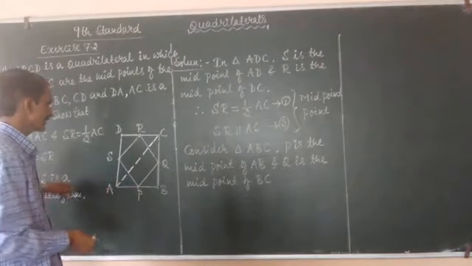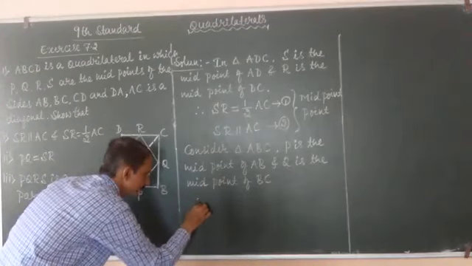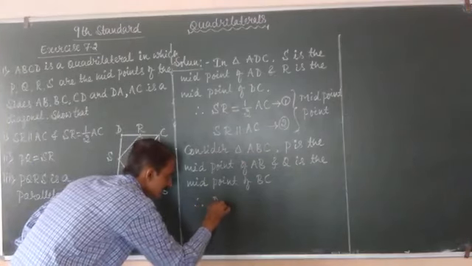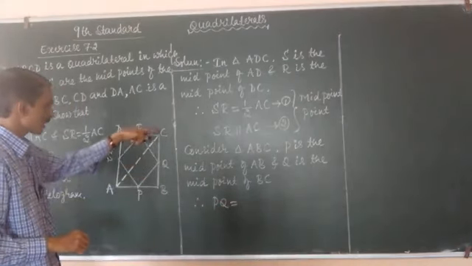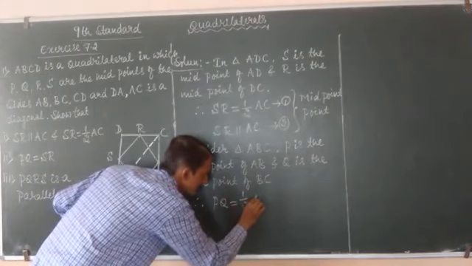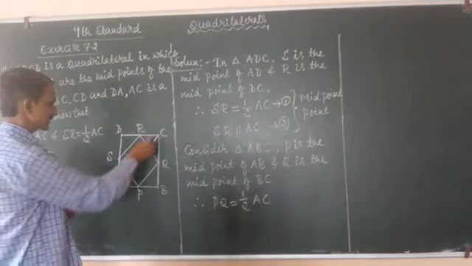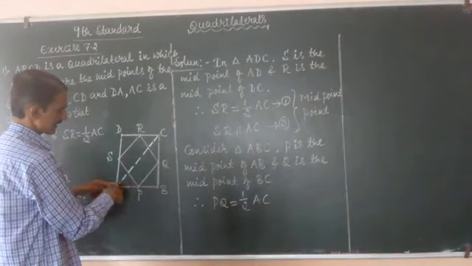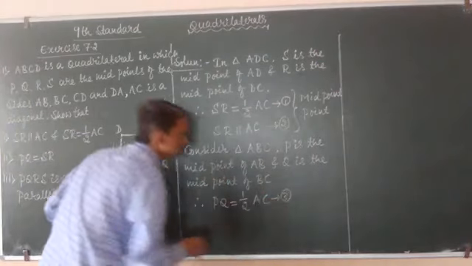Therefore, if we apply the midpoint theorem to this triangle, we can write PQ is equal to half of AC, because here AC is also the third side of triangle ABC. Call this equation number 3.